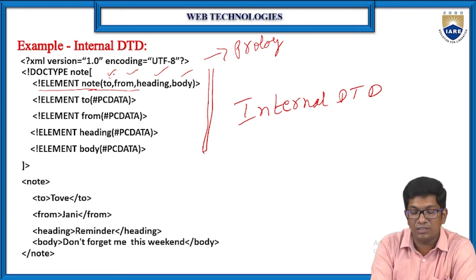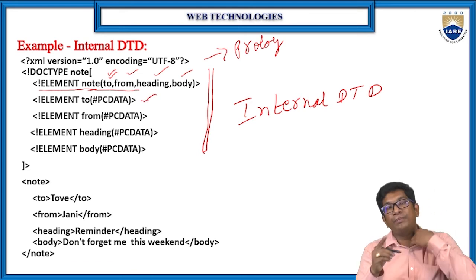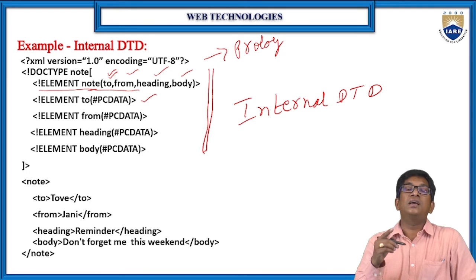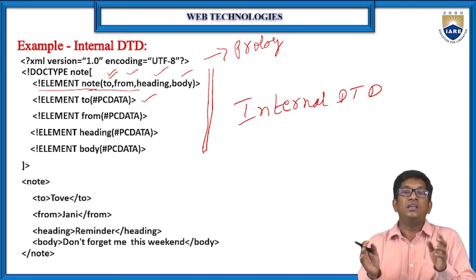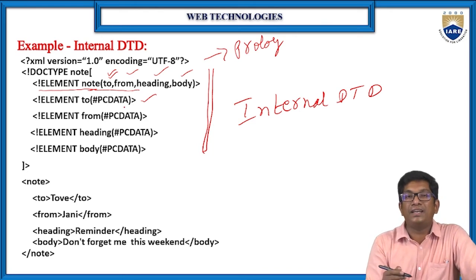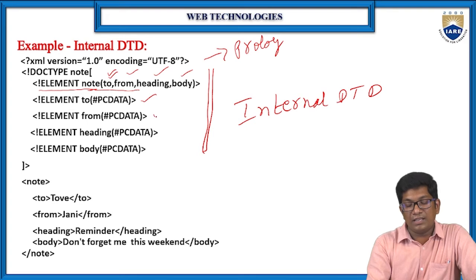The first element is to, and between parentheses, hash PCDATA. Hash PCDATA means parsed character data. So whatever is written between the start and end of the to element, you have to parse that data. That's why you give #PCDATA here. That is the data type. Next are from, heading, body.